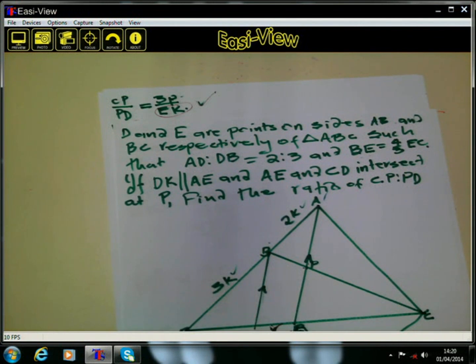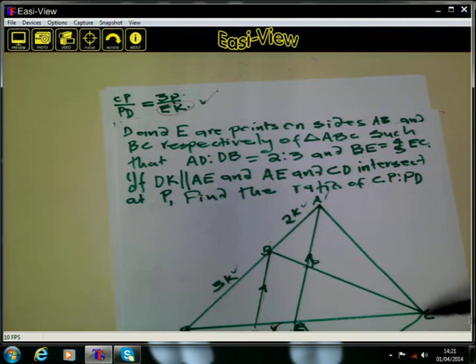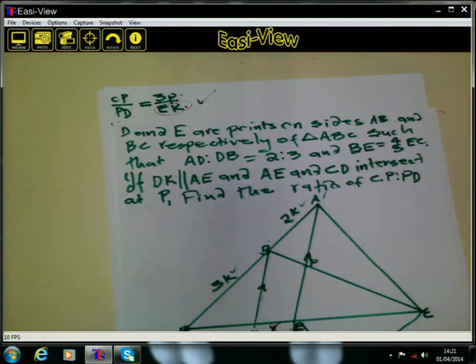However, let us go on and go to EK in another triangle. Remember, EK belongs to how many triangles? It belongs to triangle CBK and can also belong to triangle ABE. These are the two triangles which EK belongs to.